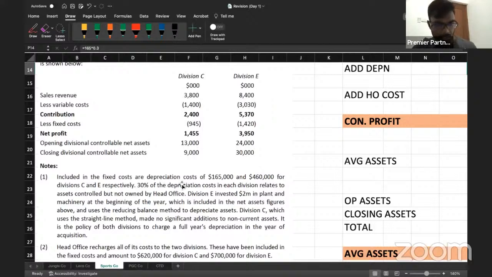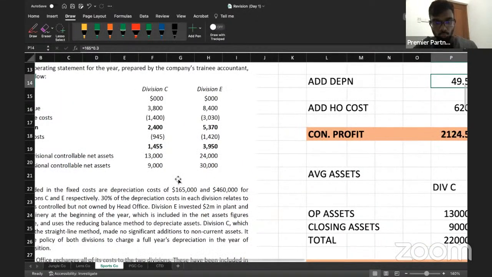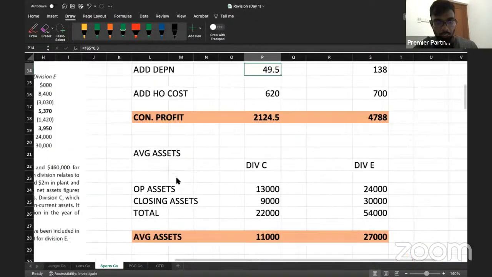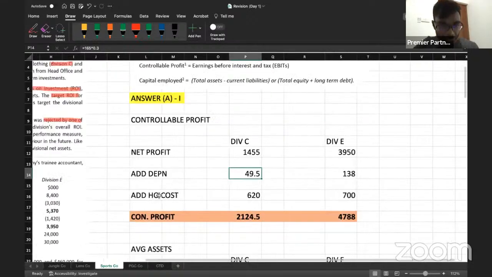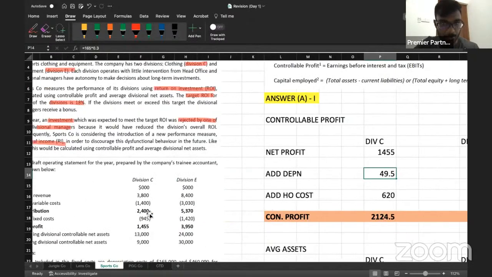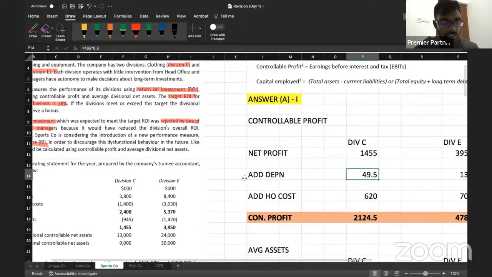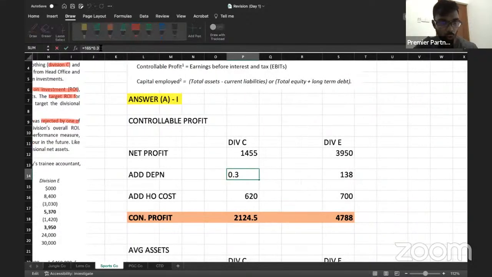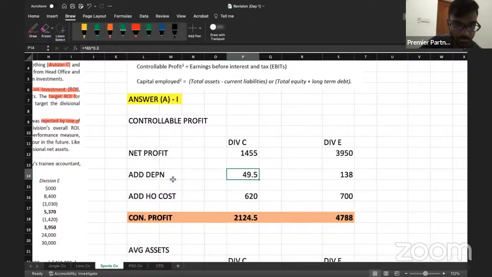People, 30% of depreciation in each division relates to assets controlled but not owned. Controlled by the division? No, yeah, 30%. So that's the depreciation charge, in other words, people. Does that make sense? See, 165 into 0.3, no? Yes? Are we clear? Do you get it?